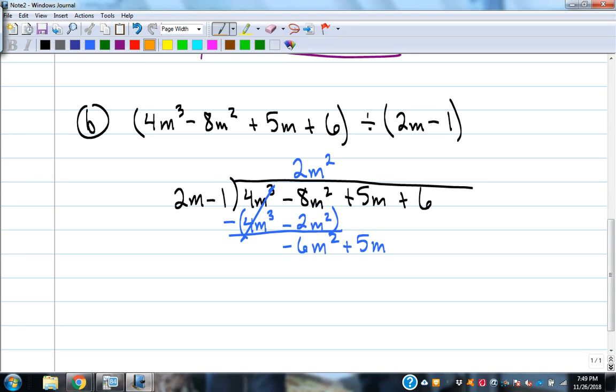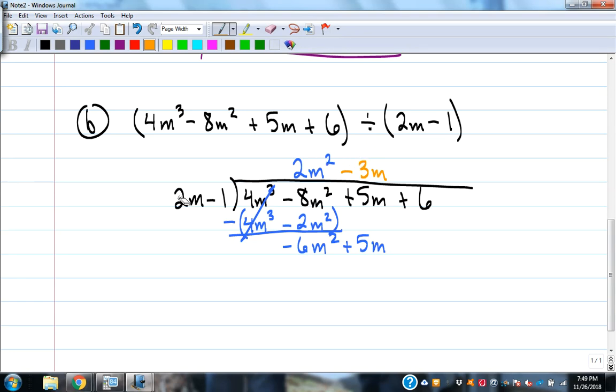Next. Okay, should it be a plus 3m or a minus 3m? Right, we need a minus 3m up there. Good job. Okay, now when we distribute, we're going to distribute a negative 3m. So that sign is going to go with us that we're putting up here.